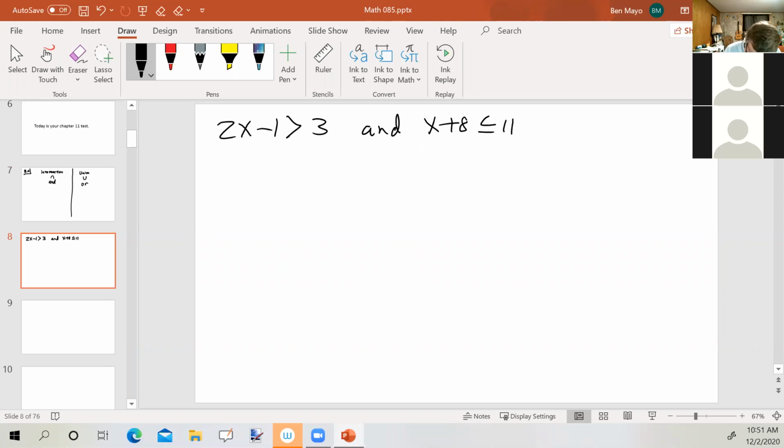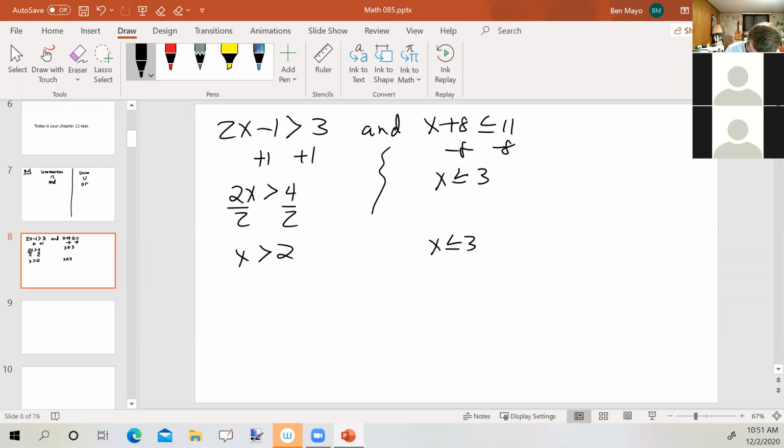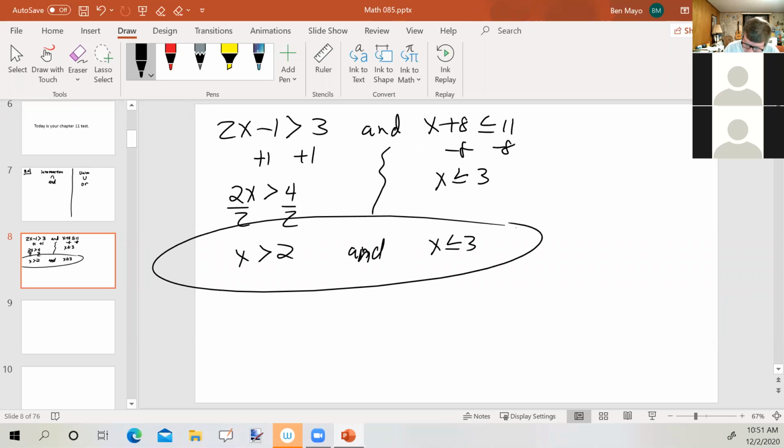So for the one on the left, I'll start out by adding a 1, dividing by 2, so I get x is greater than 2. Solving the inequality on the right, subtract 8, x is less than or equal to 3, which I'm going to bring down here, and I'm going to bring this and down. So basically here is what I'm going to deal with.